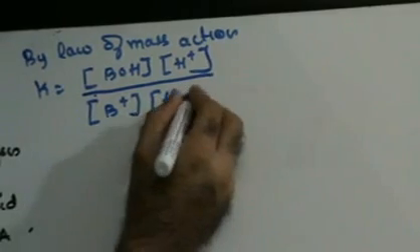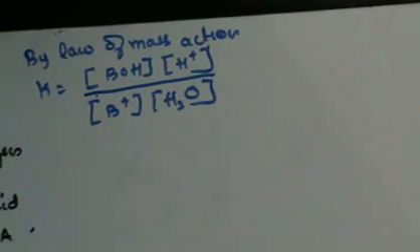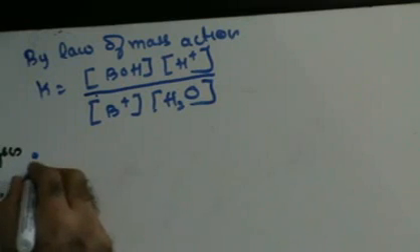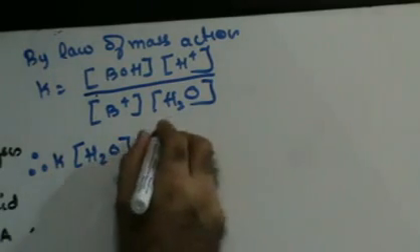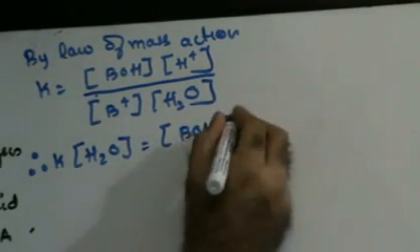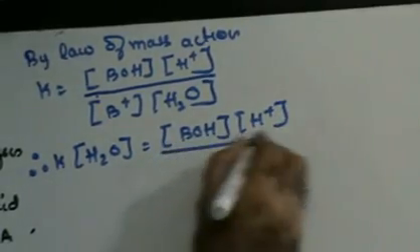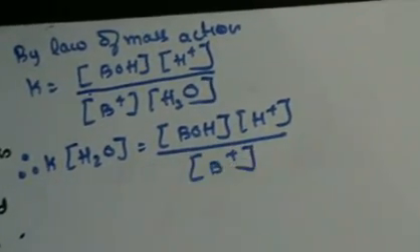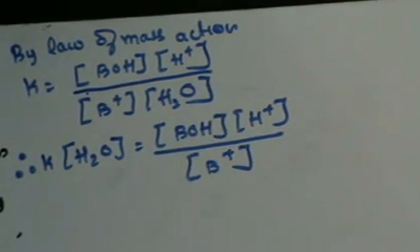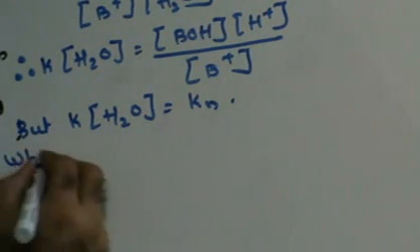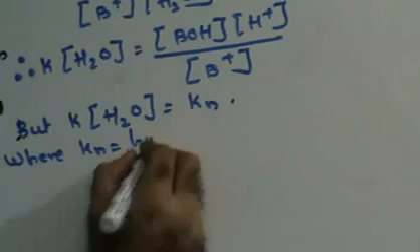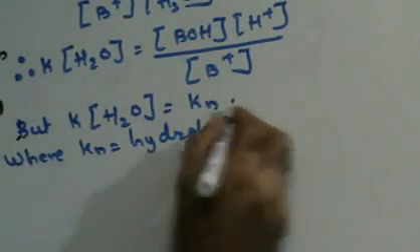Cross multiplying, K into active mass of H2O gives BOH into H plus upon B plus. But K into active mass of water is nothing but the hydrolysis constant, where Kh is the hydrolysis constant.